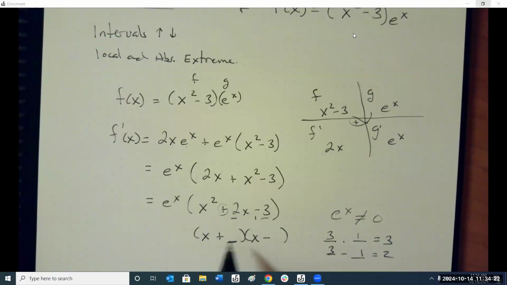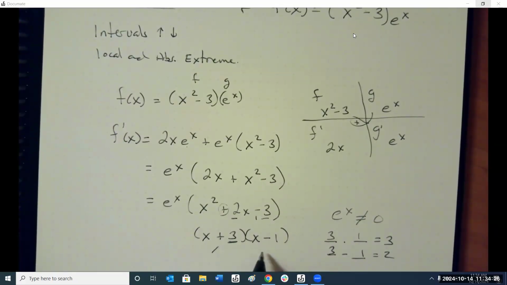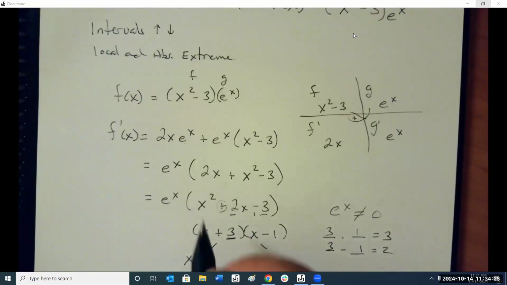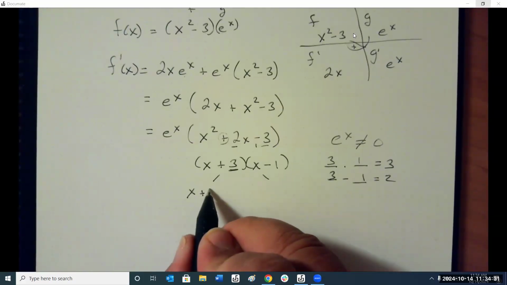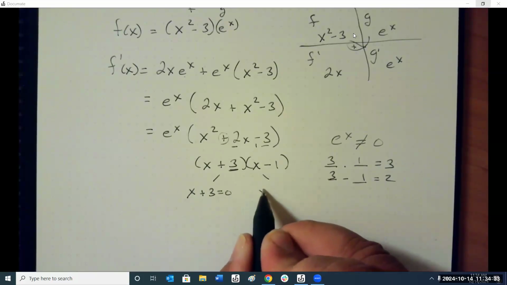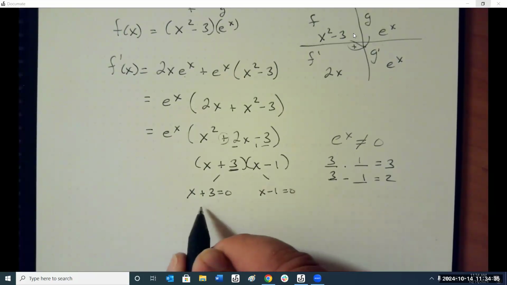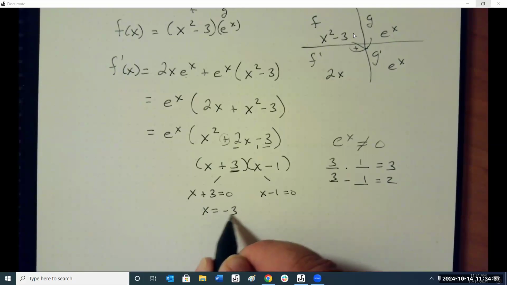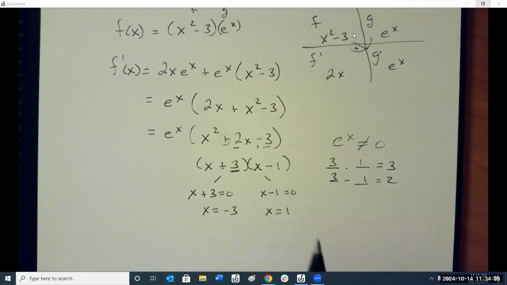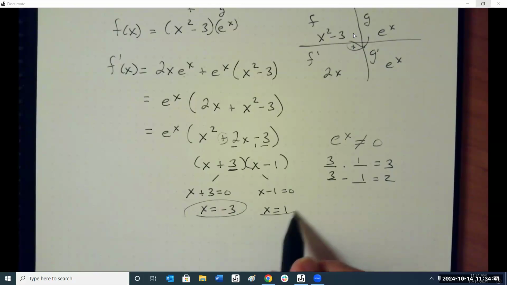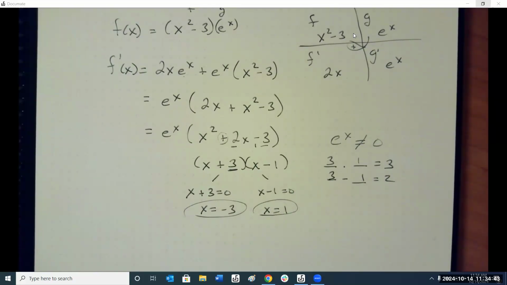The bigger number gets the plus, so it's (x plus 3)(x minus 1). Set those equal to 0. So x equals negative 3 and x equals 1. Those are my critical values, but not really points just yet.